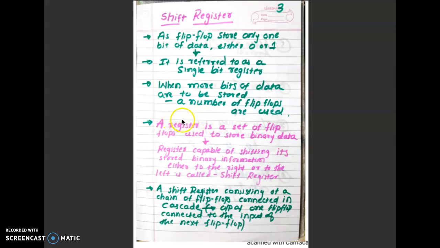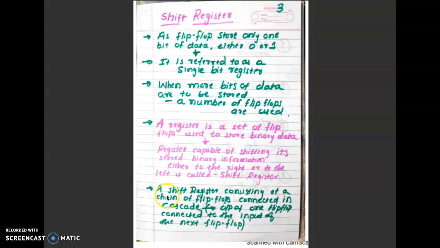These registers that store a set of binary bits are capable of shifting the stored binary information either to the left or to the right. That is why they are called shift registers.